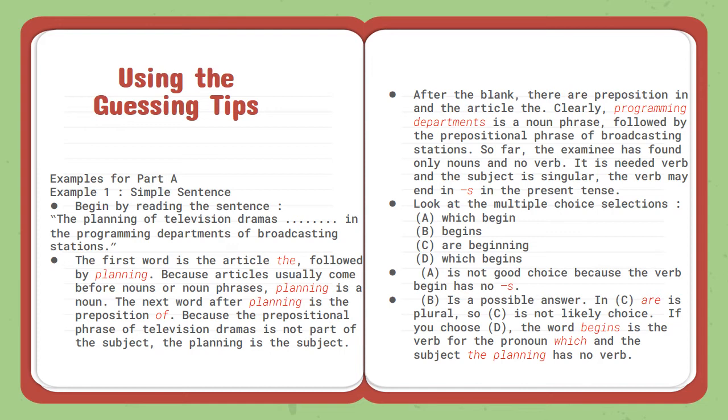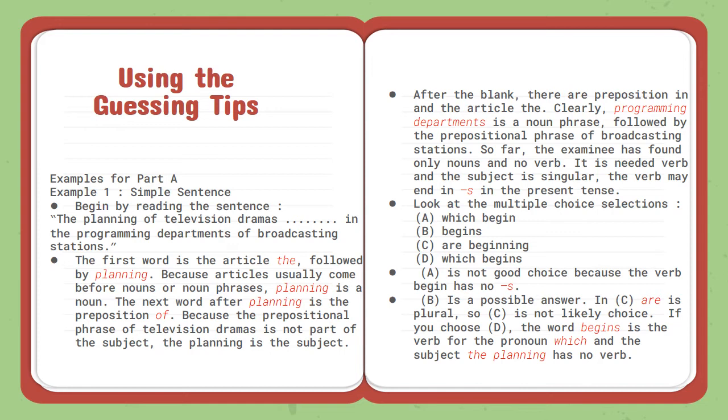Okay, and now after the blank, there are a preposition and the article the here. Clearly, programming departments is a noun phrase, followed by the prepositional phrase of broadcasting stations. The examinee has found only nouns and no verb.